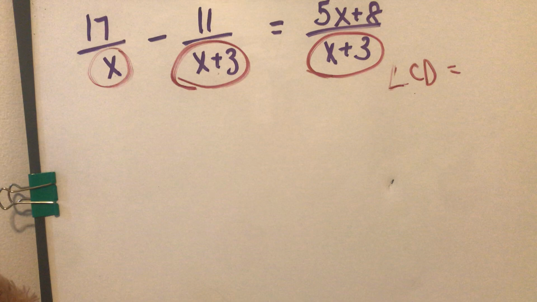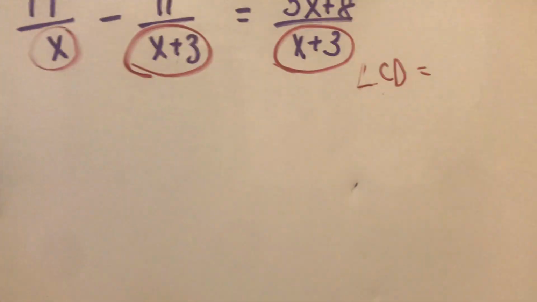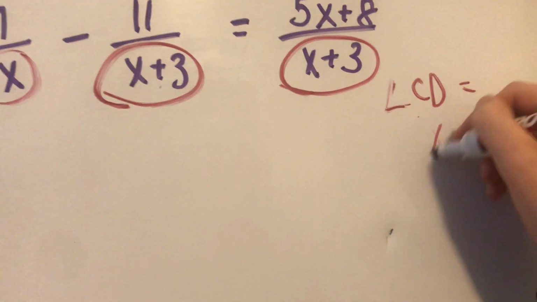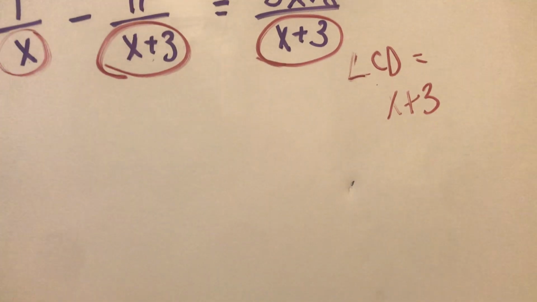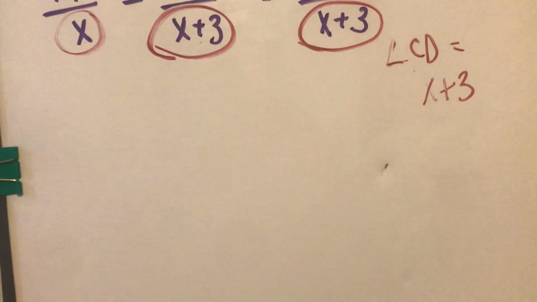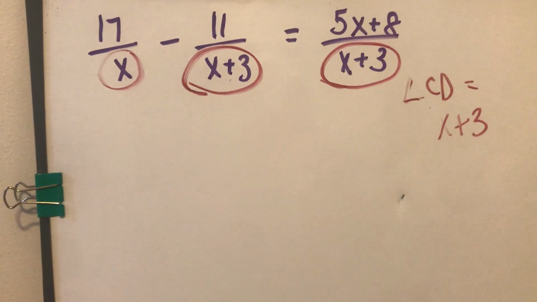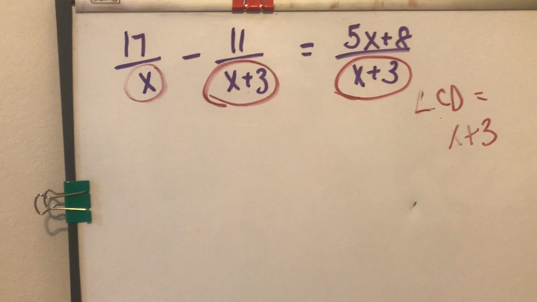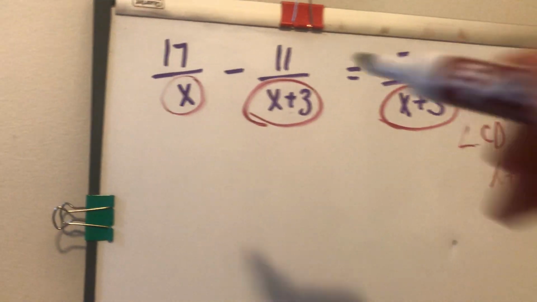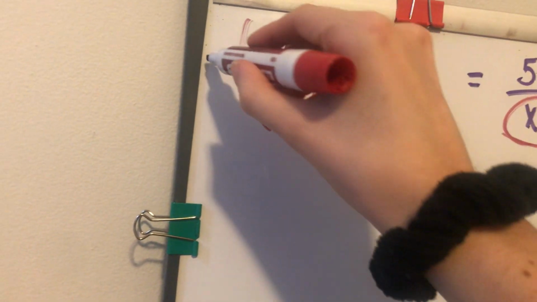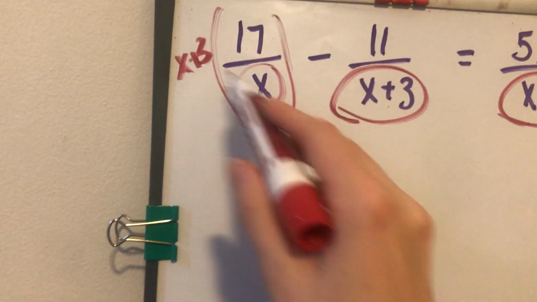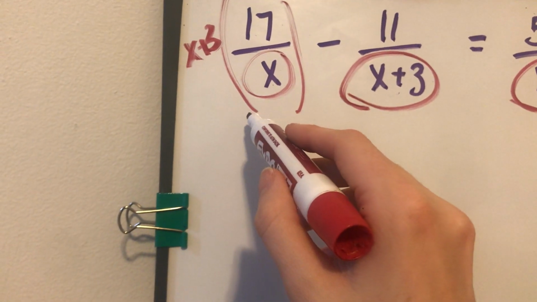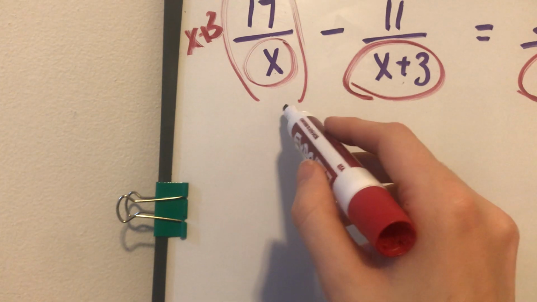Spoiler, do not copy this down. A lot of you wrote that the least common denominator was x plus 3. And a reminder, whenever you find that LCD, you multiply it by that rational expression. If I took x plus 3 and multiplied it by this rational expression, in your denominator you're not going to get an x plus 3.